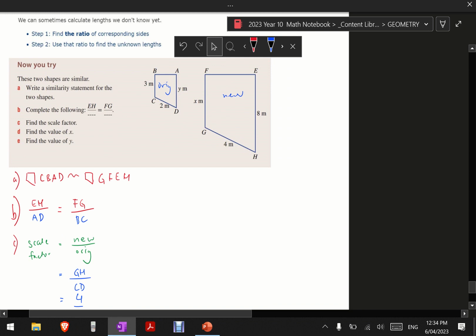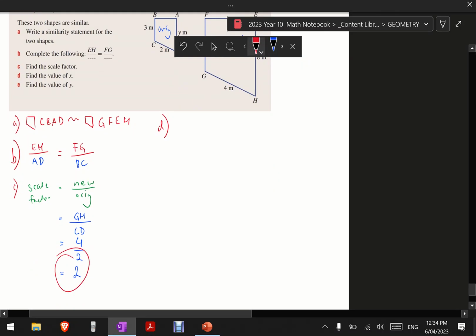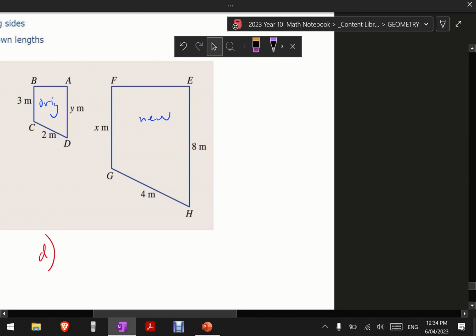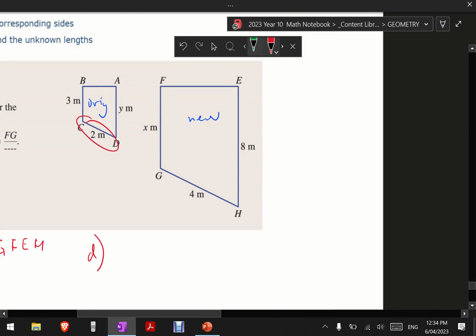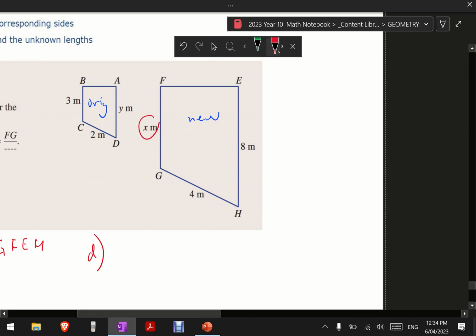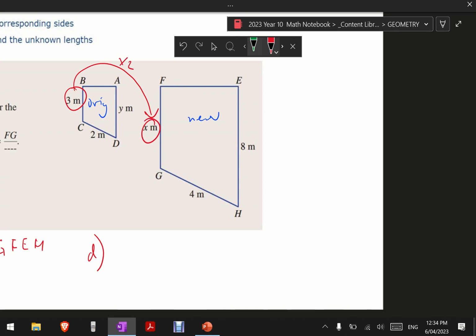Now, in order to actually do this, it's pretty straightforward, yeah? What the scale factor tells us is we have a scale factor of 2. So if we go back to the shape here, to go from 2 to 4, we have a scale factor of 2 because it's times by 2. That means to find this X, to go from 3 to this unknown X, we are multiplying by 2 because that's the scale factor.